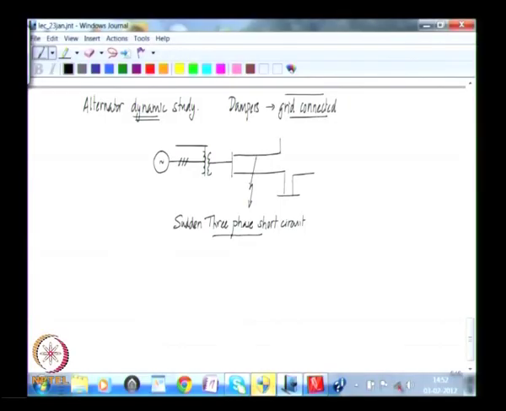So in this kind of analysis we make use of the dynamic equations and predict what kind of stator currents are likely to flow in the system when the speed is constant. Speed may be considered constant, and then there is a sudden 3-phase fault at the machine, that is a very severe duty.